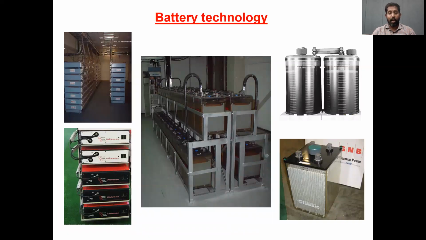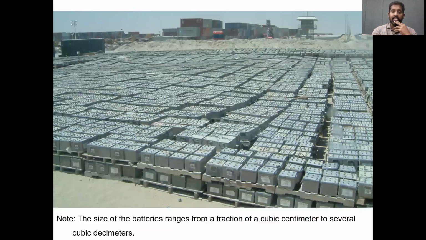You can see huge batteries stacked to get more power. If you want more power, you need big batteries which can be placed like this and connected in series to draw the power. Just to get an idea, see this. This is not a battery yard.